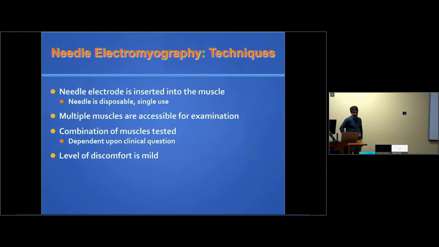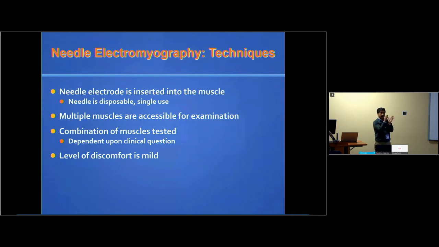Then the next part of the exam is really needle examination. The needle EMG is typically done now with different kinds of needles. Until the 1990s, we had reusable needles, mostly concentric needles. Now we use monopolar needles.